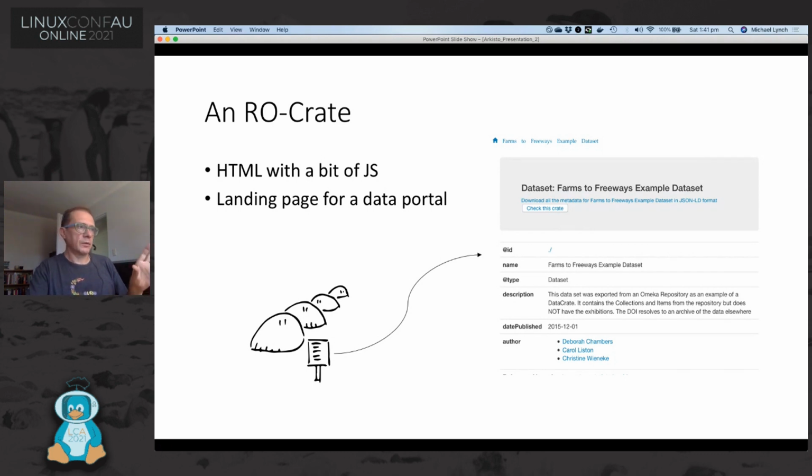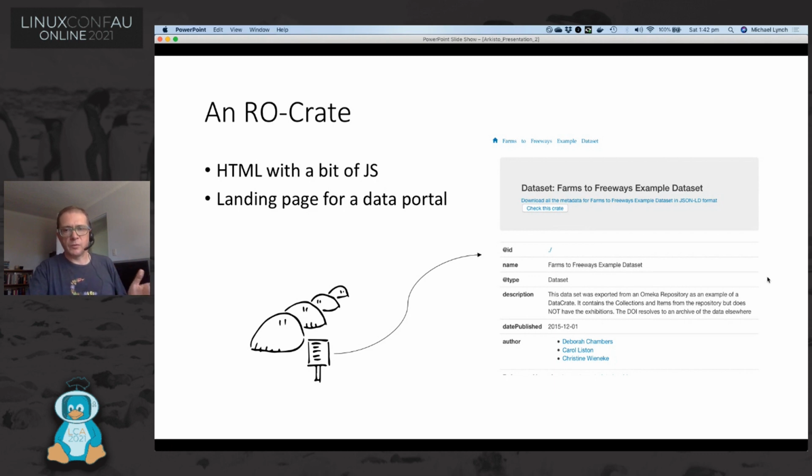So here's a human readable thing that you can, if you were given this data set in a zip file and you opened it up, you could see this, and it has metadata. It's got the name, it's got a description, it's got who created it, when it was published, that sort of thing. There's also a link to the same metadata in a machine readable format in JSON-LD, which I'll get to.